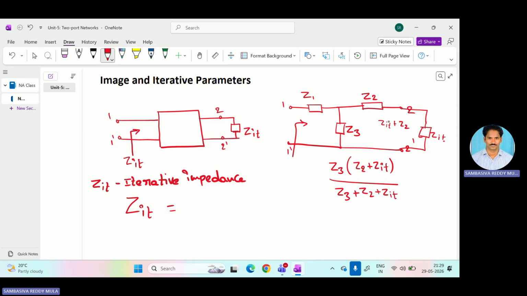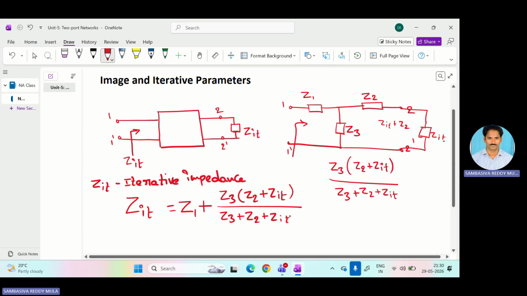So this entire combination is in series with Z1. So finally ZIT becomes Z1 plus Z3 into Z2 plus ZIT divided by Z3 plus Z2 plus ZIT. So this gives the iterative impedance.